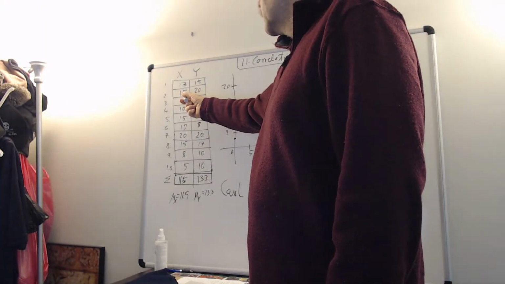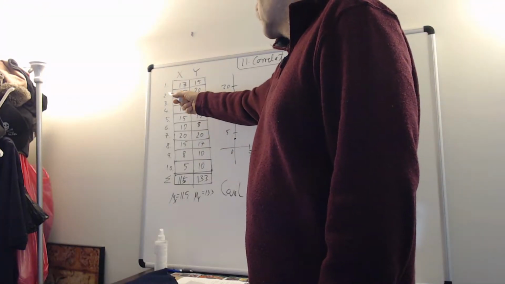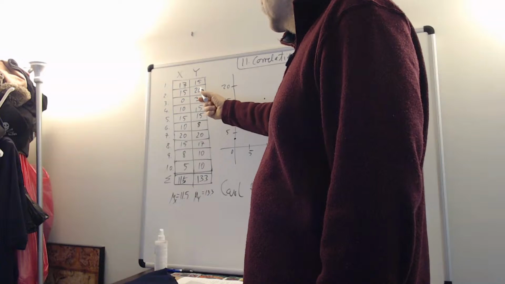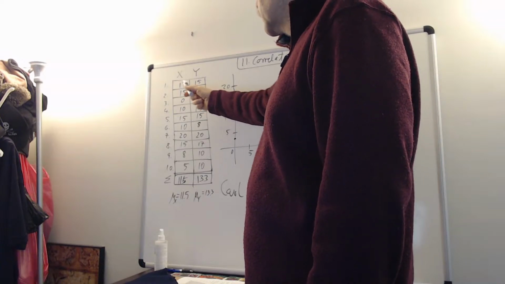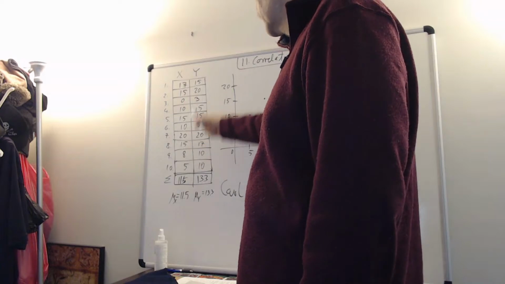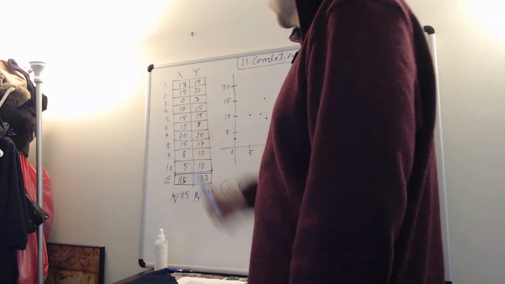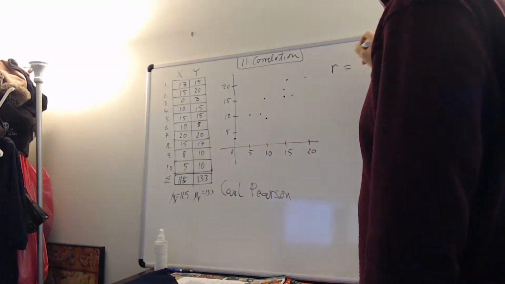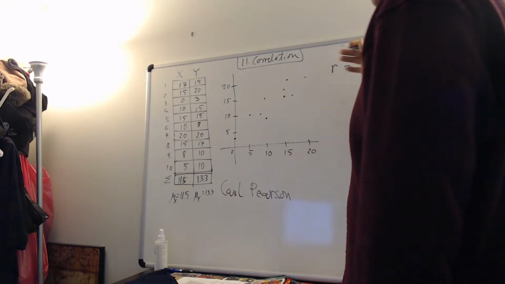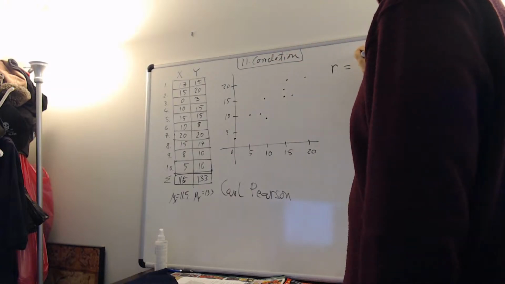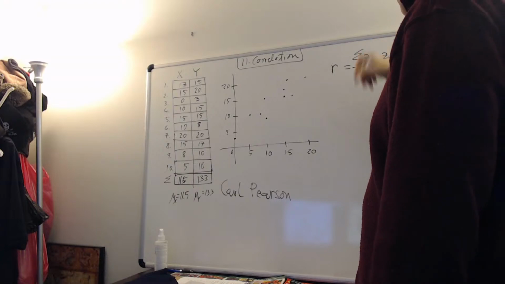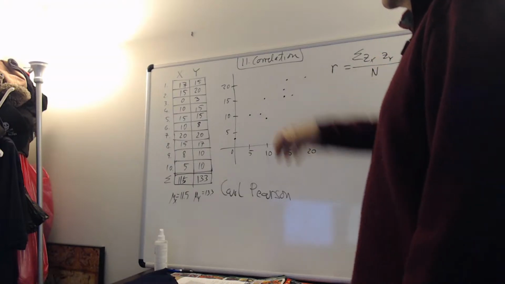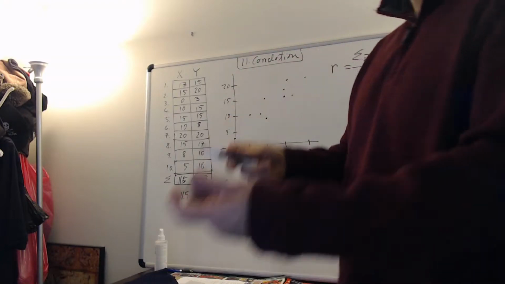So 15 is the data for the second student, and 20 will be the data for the second student in the second quiz. You can get the z-value of this number in this sample, and the z-value of this number in this sample, and then you make a product. This is for student number 2, but you can make it for every other student, and then you make a sum of all of that, and then you make an average, which means you divide by how many things you have. You have 10 things, 10 students.